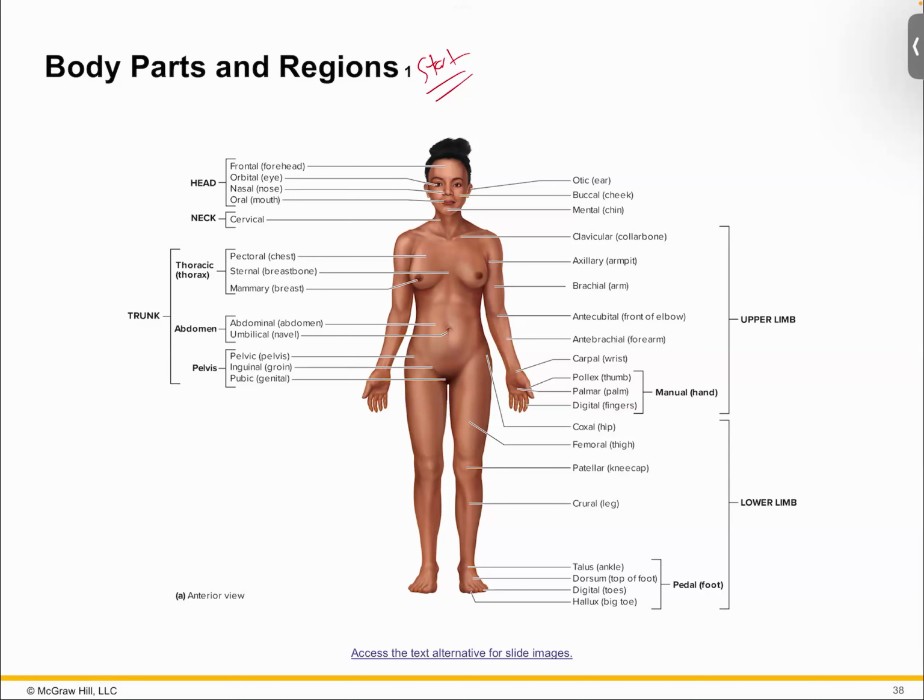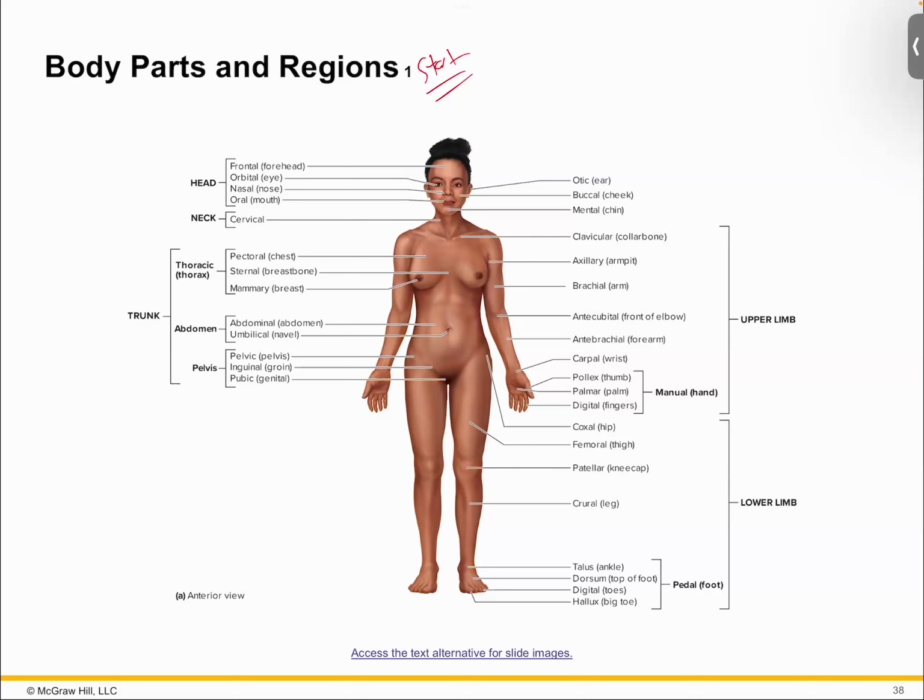For instance, an easy one would be the clavicular region, where your clavicle is, your collarbone, right? So axillary is armpit, brachial is arm, antecubital is the elbow region. So remember, these are regions, not the actual elbow itself. Antebrachial is the forearm. And then you have carpal and so forth.